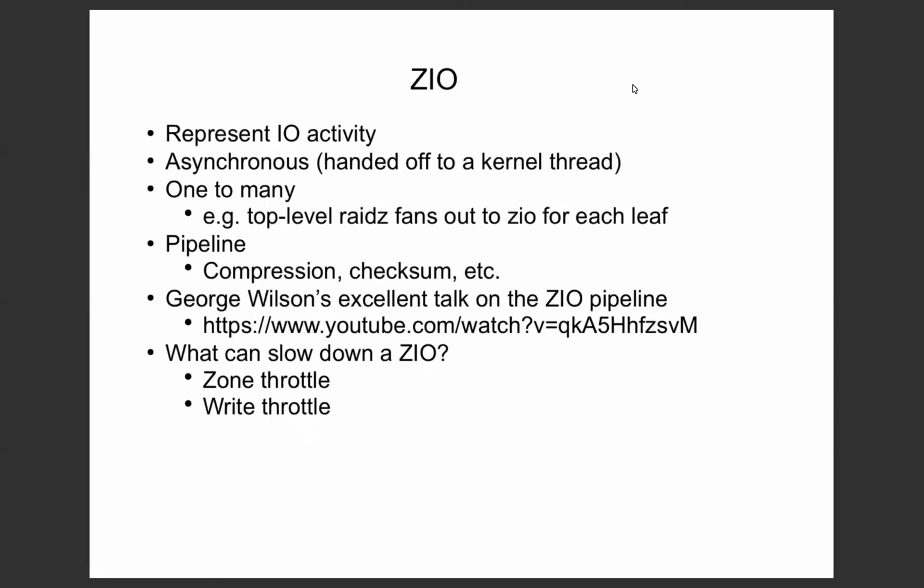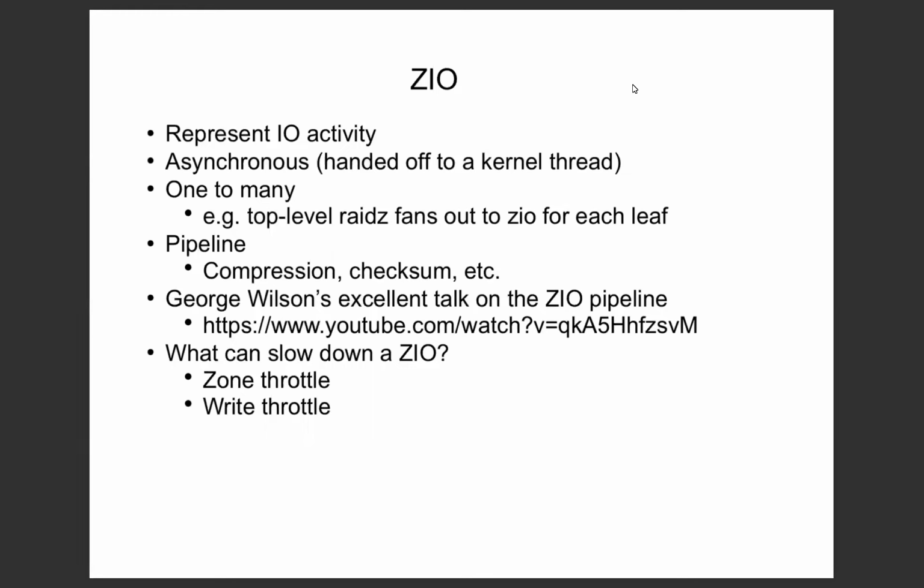This is specific to Joyent, not in the upstream ZFS code, but it is in our SmartOS ZFS code. We built this mechanism probably 8 years ago now, and the idea is to ensure that each zone on the system gets a fair share of the I/O.